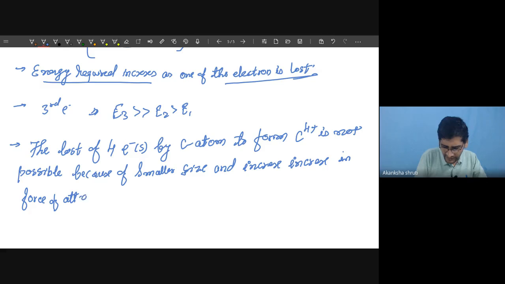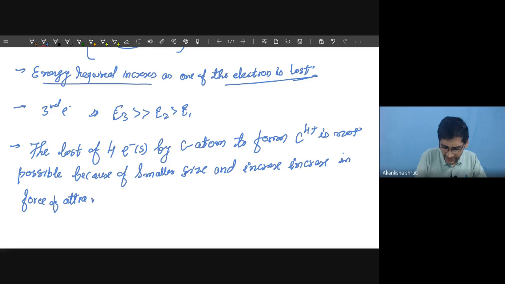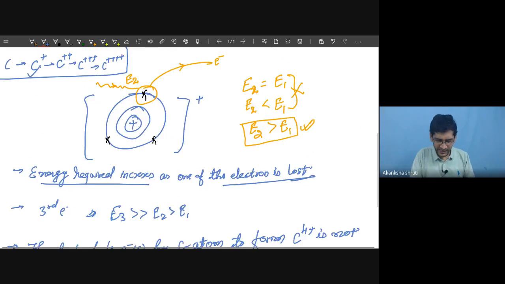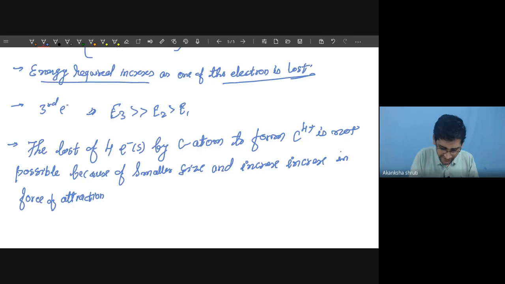Between whom is this attraction force we are considering, students? The nucleus and the outer electrons, that I have explained.